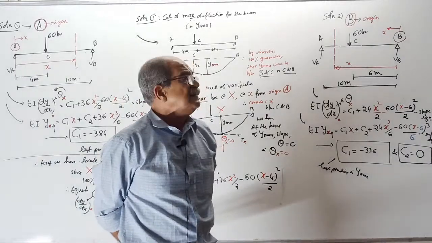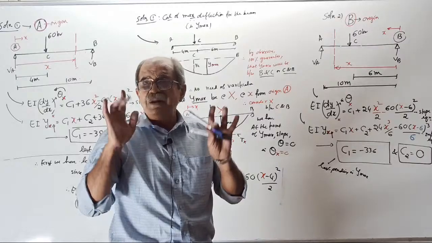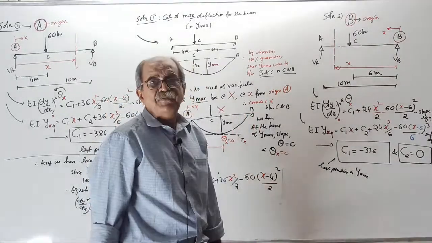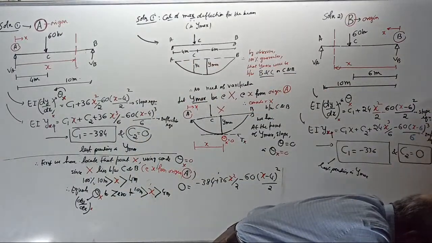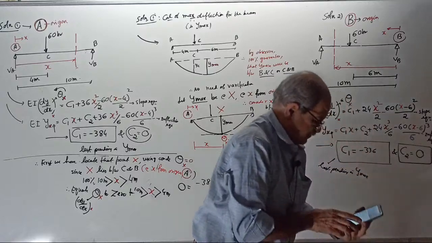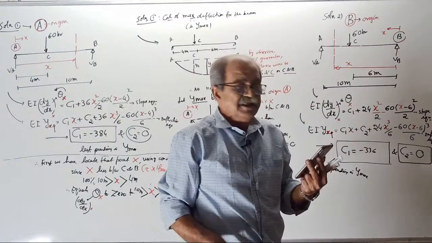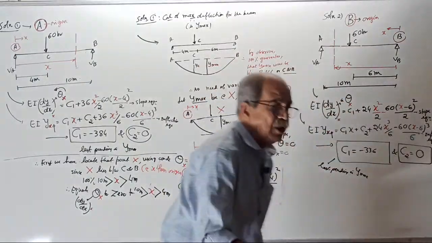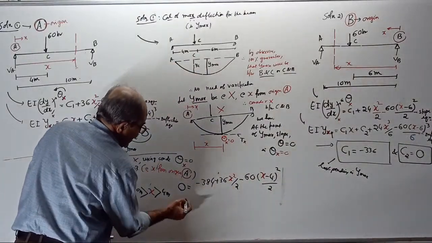Then x minus 4 will be positive or negative? In case you decide actually wrong, it is negative, then that term is not to be considered. Make a note.